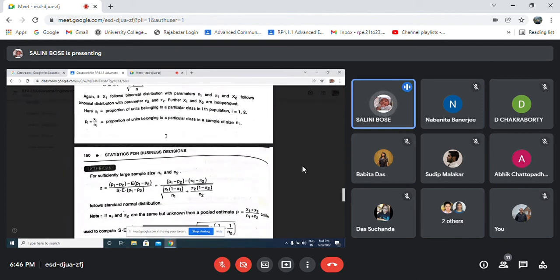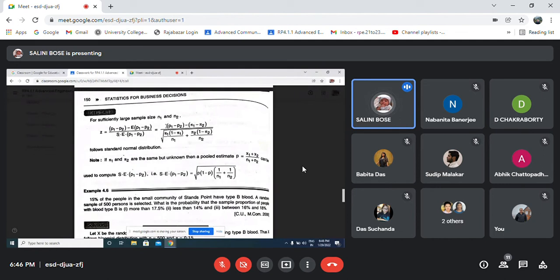And for sufficiently large samples of size n1 and n2, we can say z is equal to p1 minus p2 minus expected value of p1 minus expected value of p2 by standard error of p1 minus p2. So we write p1 minus p2, the expected value of p1 is pi1 and of p2 is pi2, by standard error of p1 minus p2.